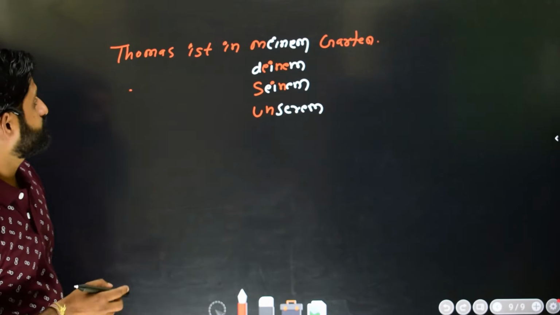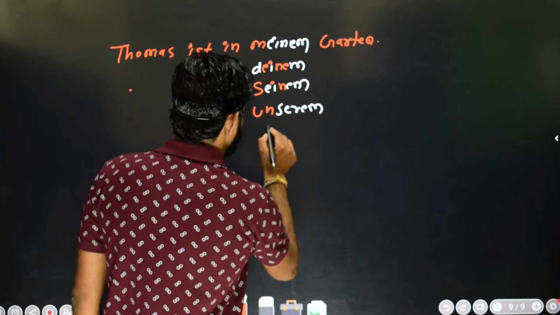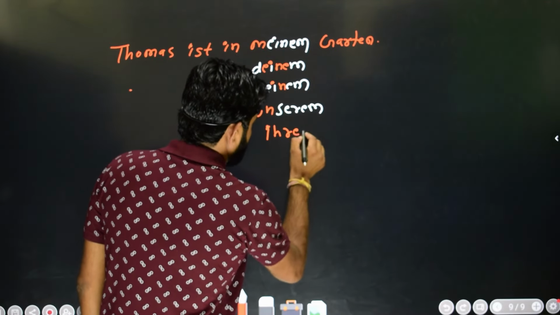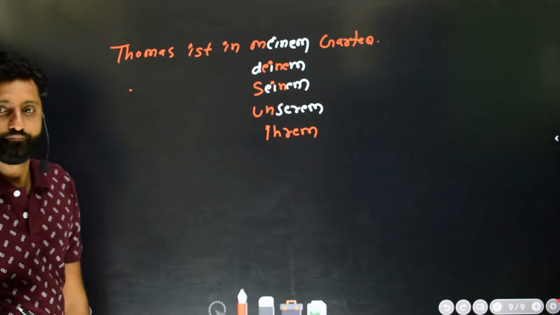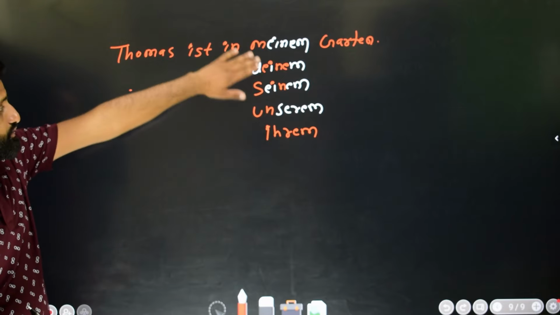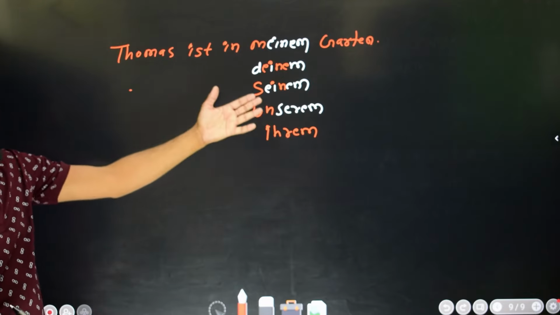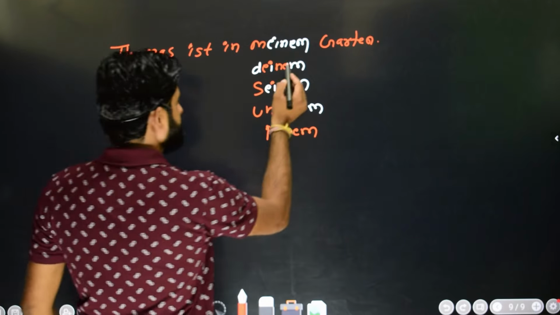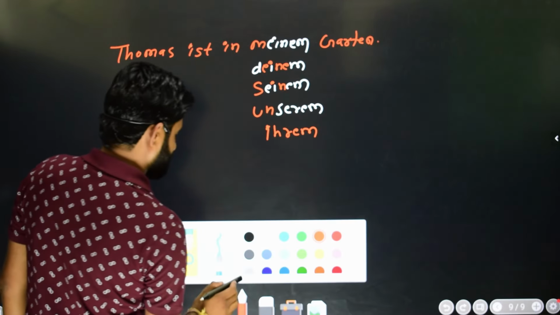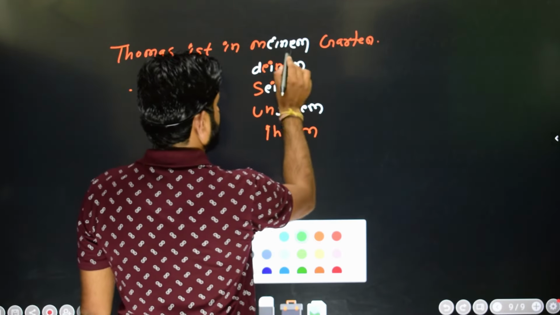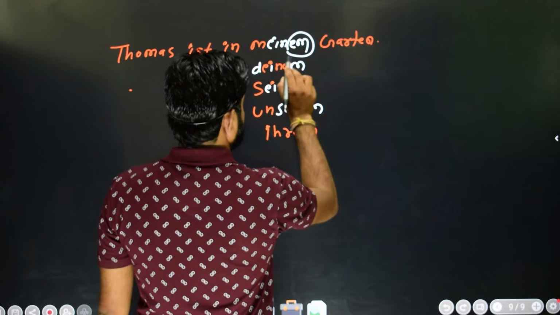If Thomas is in her garden, then it will be ihrem Garten. Okay, so this is the form of possessive articles. You can clearly see this ending is the same. There is no change in this ending. Em.